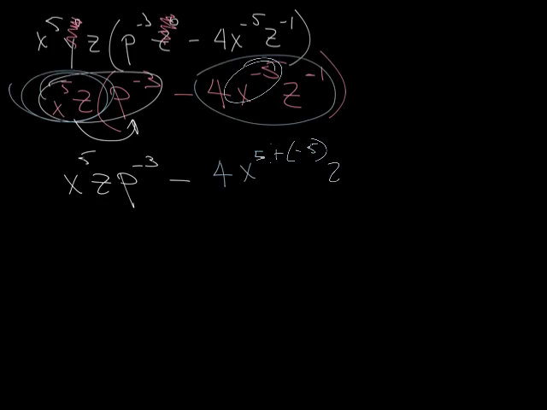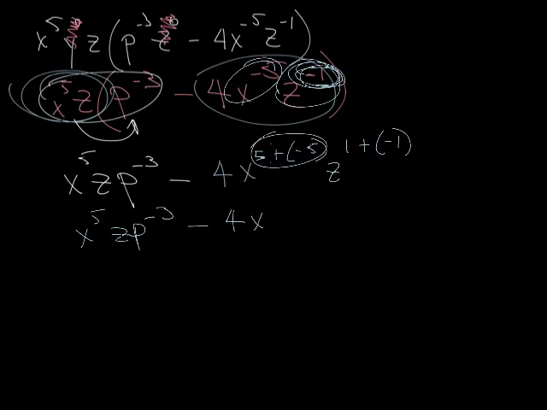Then I've got a z times this one, so I've got a z to the 1 plus a negative 1, this negative 1 right there. So I've got x to the 5th z p to the negative 3 minus 4x. Those two brought together is 0. These two added together are also 0, so that and that go away. And I'm left with x to the 5th z p to the negative 3 minus 4 there.